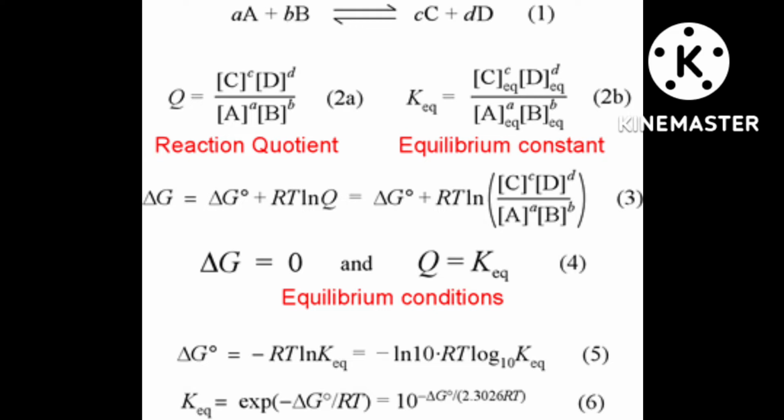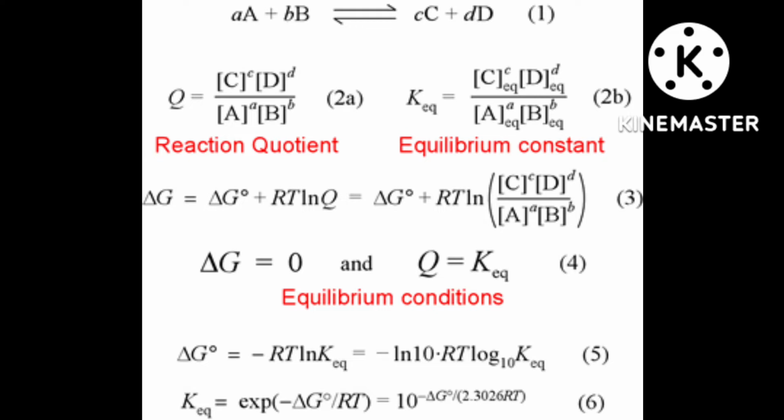Now we come to the Gibbs energy. Gibbs energy for a reaction in which all reactants and products are in a standard state. The standard state is indicated by a small zero superscript.